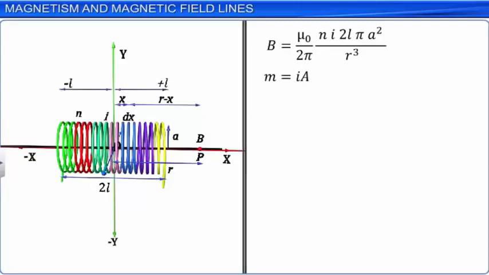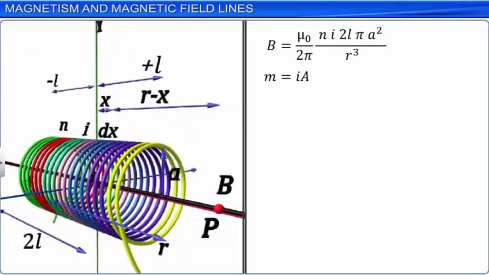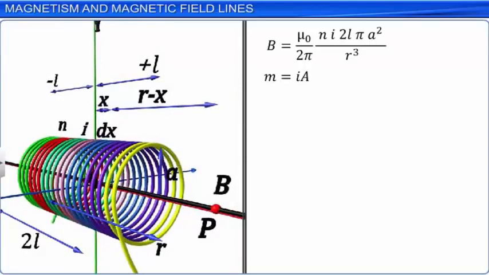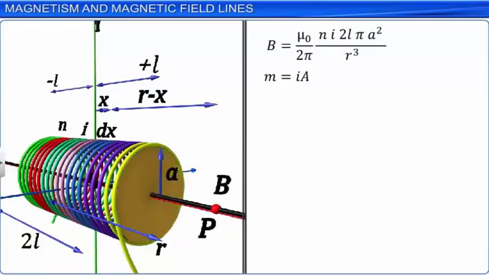Thus, area A of each loop of the solenoid is π a². The total number of loops in the solenoid is n into 2L, and hence the magnetic moment of the solenoid M = n 2L I A, which is equal to n 2L I π a².